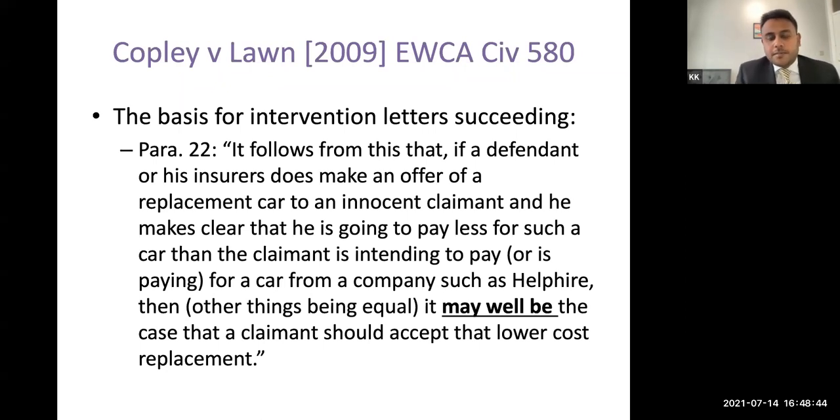The crucial point there, I suppose, is what I've highlighted, in that it may well be the case that a claimant should accept that lower cost replacement.